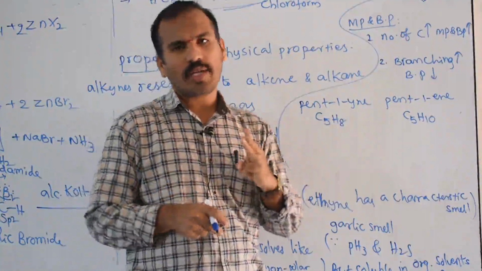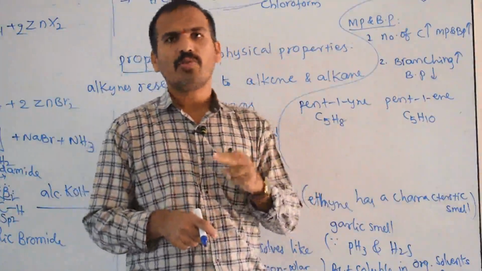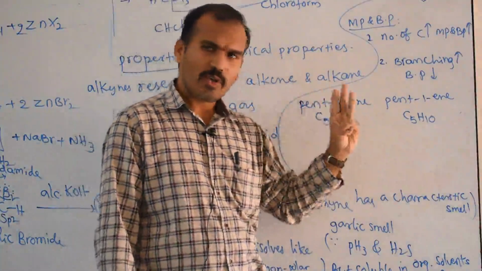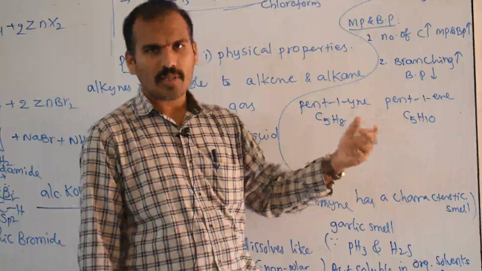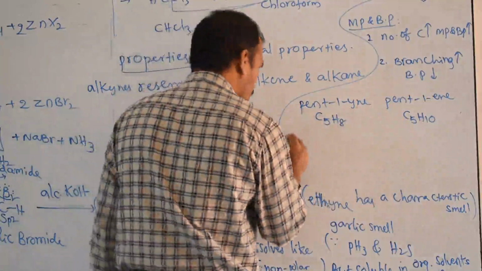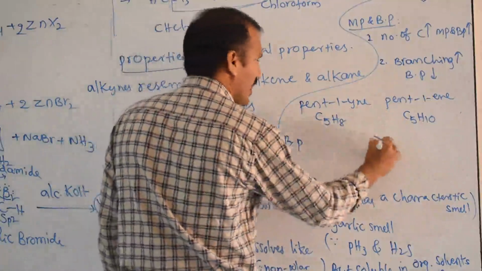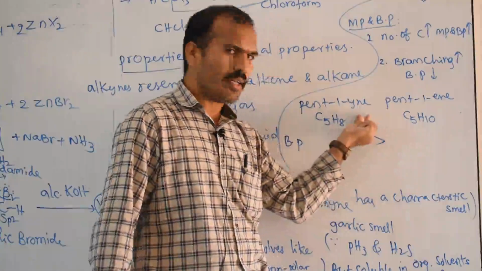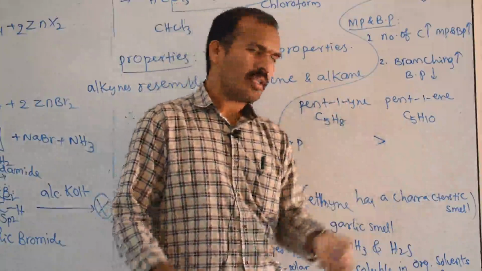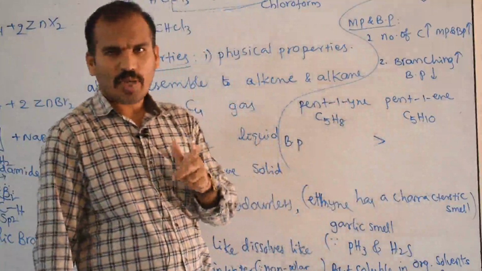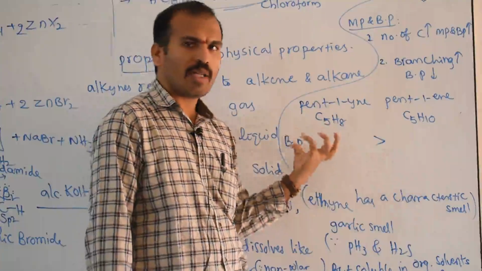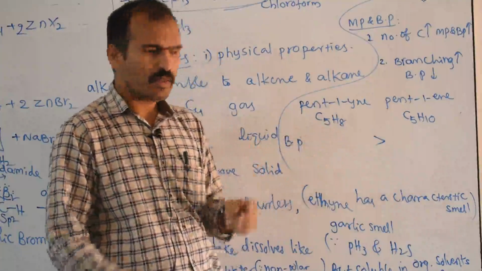Breaking three bonds requires more energy than breaking two, so the triple bond is stronger than the double bond. Therefore its melting or boiling point will be greater than the alkene. This is ene, this is yne. So with comparable molar mass, which has the higher boiling point? Alkyne.